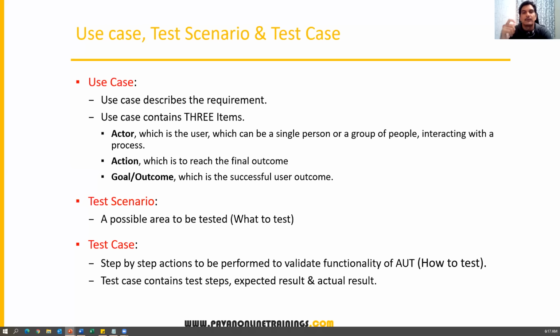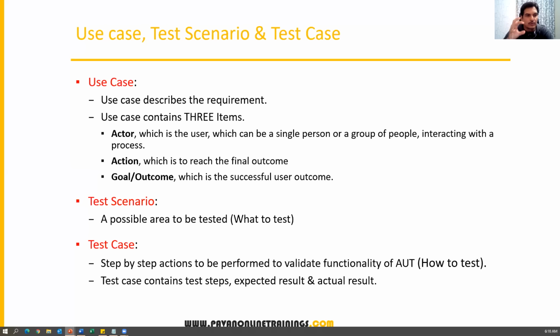So a use case basically describes the requirement created by the business product manager or business owner who is responsible for writing the FRS document, whereas a test scenario is an area where exactly we have to conduct testing. It describes what to test, and a test case describes how to test.